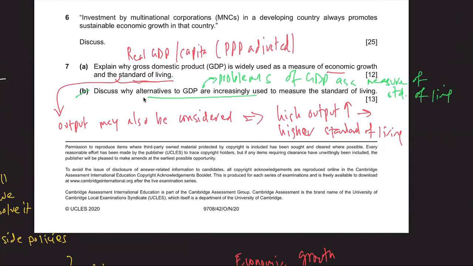This question usually comes as a 20 combined 25 marks, but we have enough to write. Is GDP the best measure of SOL? No, not really. Abbas, trust me, I've been teaching this for many years. Sometimes they may give you a 25 mark question. Sometimes they may give you this in two parts. So we talk about problems of GDP.